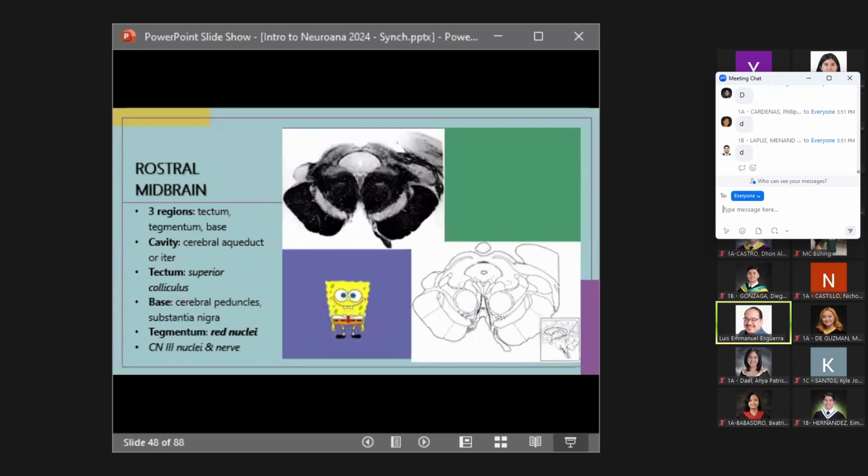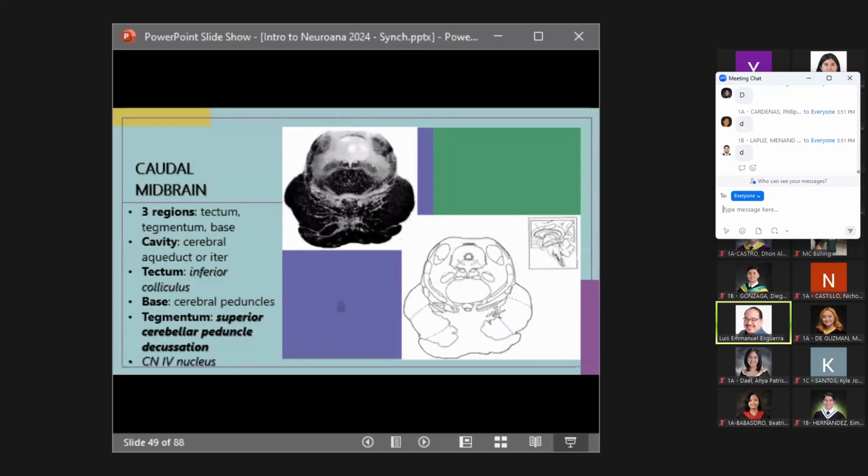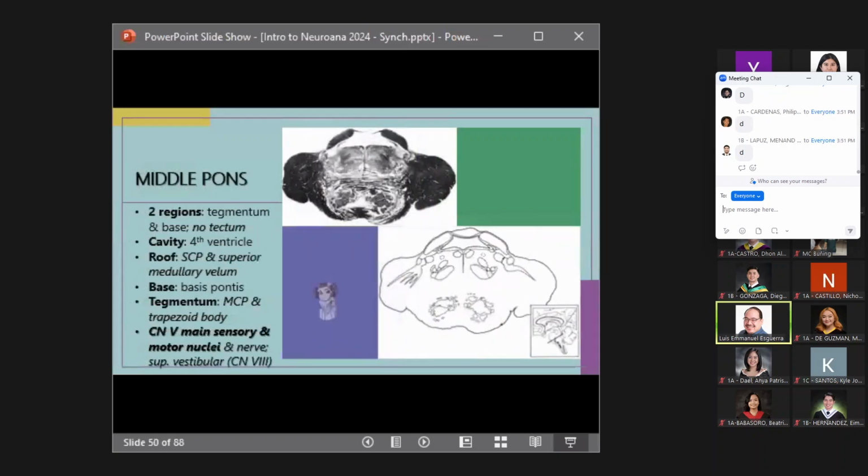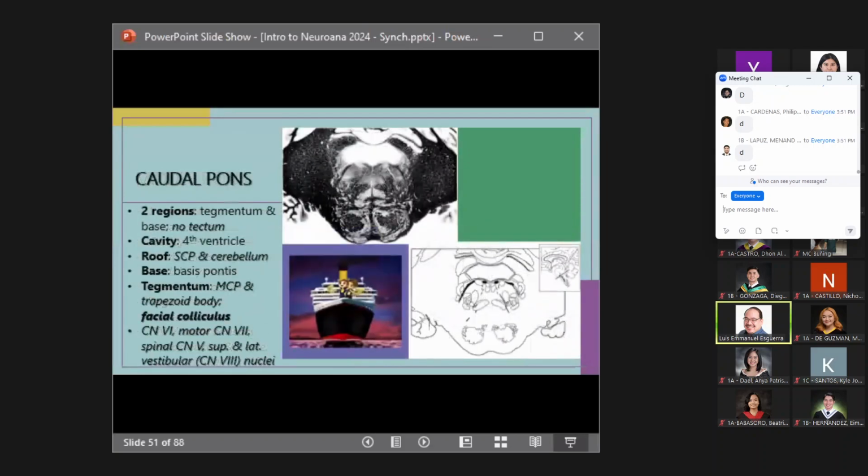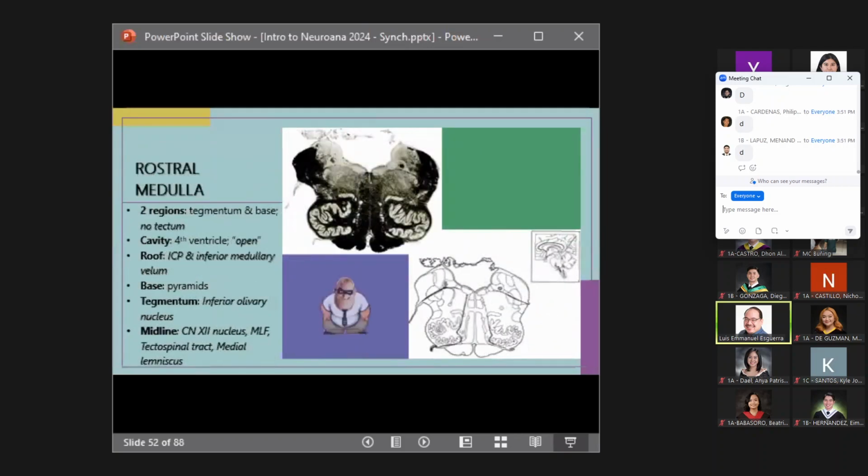You just take note of the rostral. So main features, I think I mentioned this in the lecture, in the video. And then middle pons, Princess Leia in A New Hope, yung parang may ensaymada sa tabi. So that's the middle cerebellar peduncle. Caudal pons is like a ship, also middle cerebellar peduncle on the side. There are different features there.